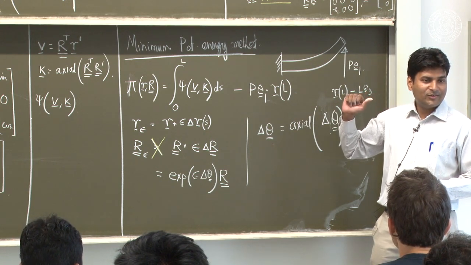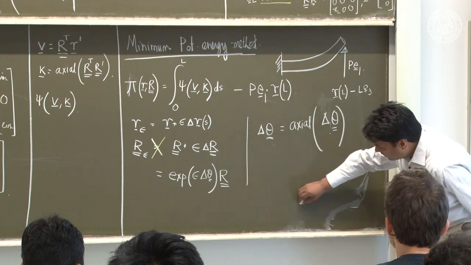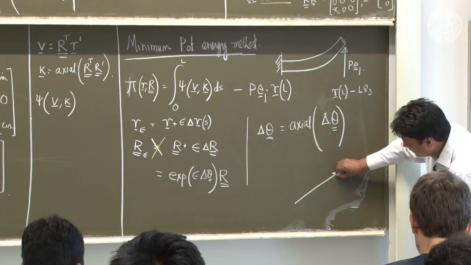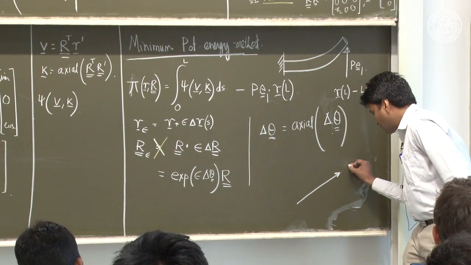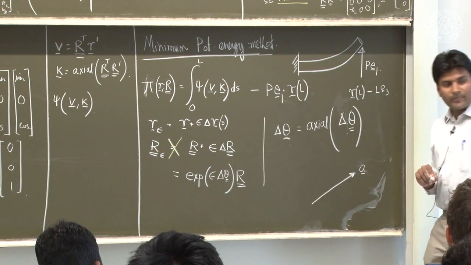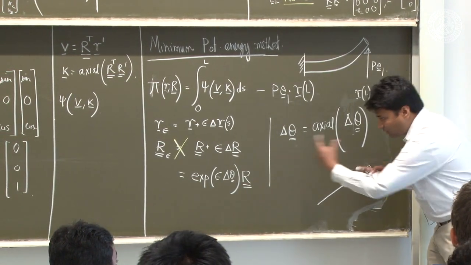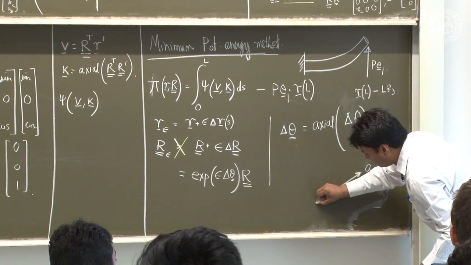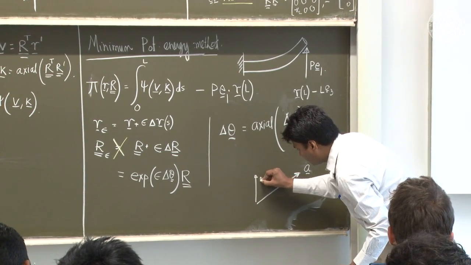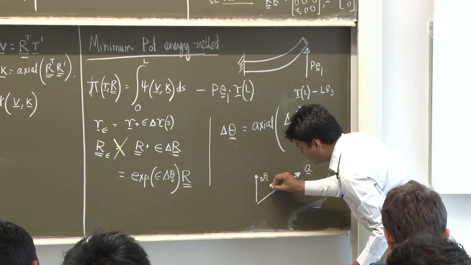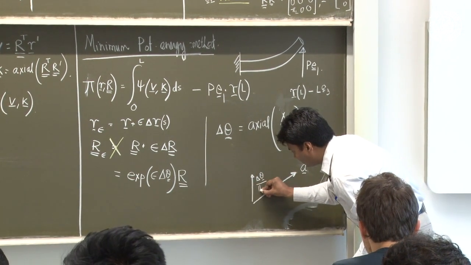Okay. So, for example, you have this existing big R about some axis, let us say that is your axis A, and then you further apply this extra rotation about a different axis, which is delta theta divided by the magnitude of delta theta.